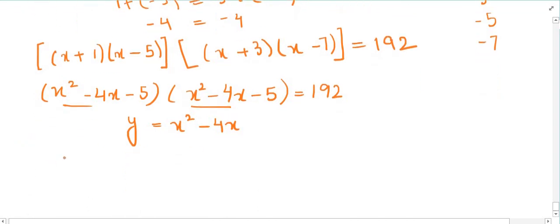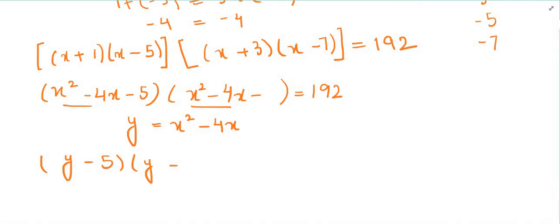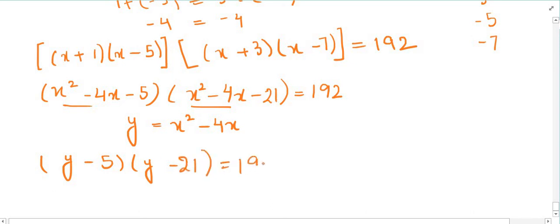It becomes (y - 5)(y - 21) = 192. This is 21, sorry, not 5. Seven threes are 21.